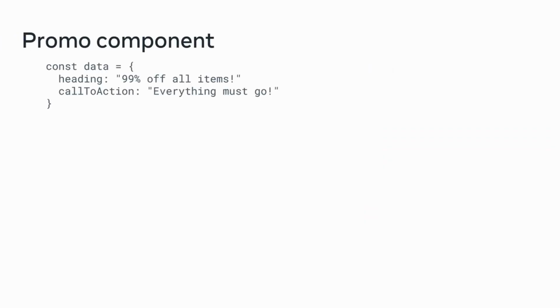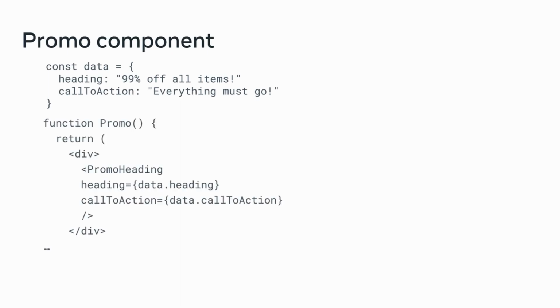Now let's use this approach to update the promo component. First, you create a single source of truth, a JavaScript object named data. Data is an object that will contain two properties named heading and callToAction, both represented as strings. Next, you update the promo component to pass the heading and the callToAction values of the data object to the promo heading component.